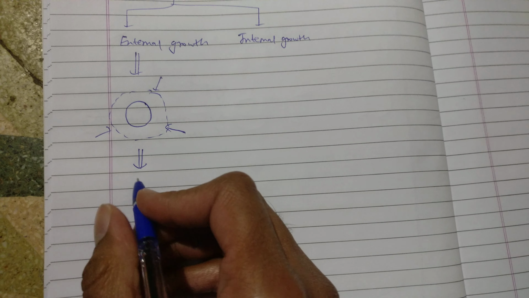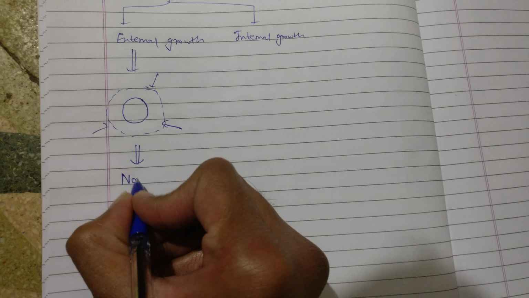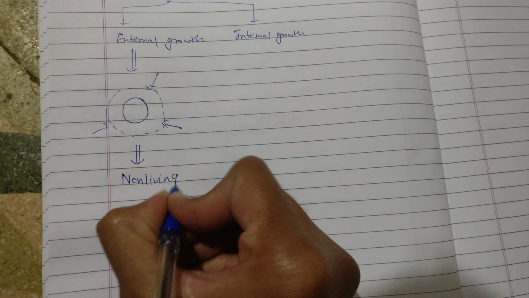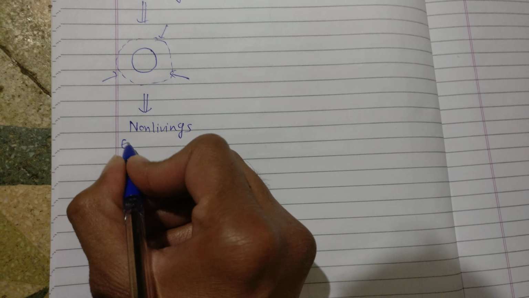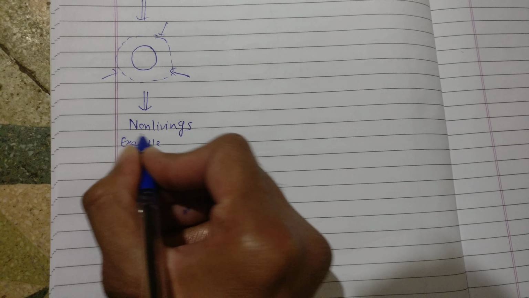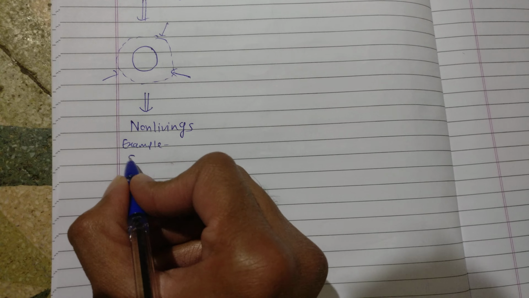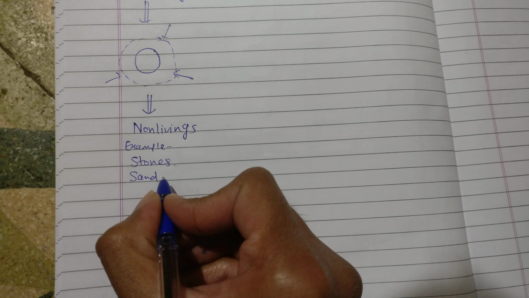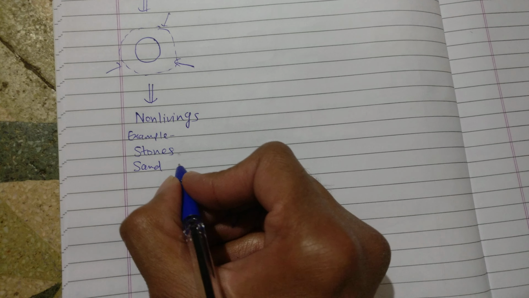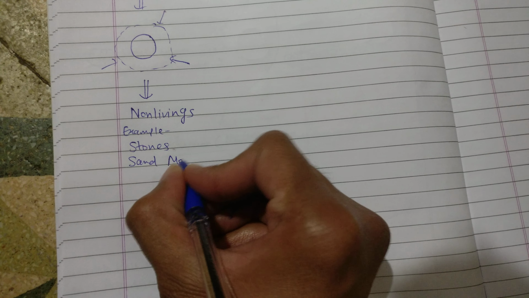This type of growth is found in non-livings. Examples of this type of growth are stones, sand mounds.